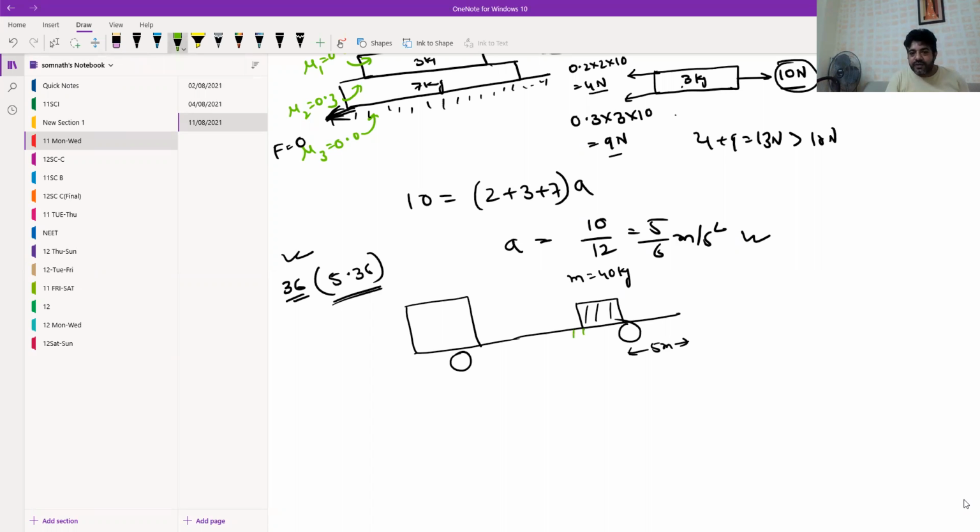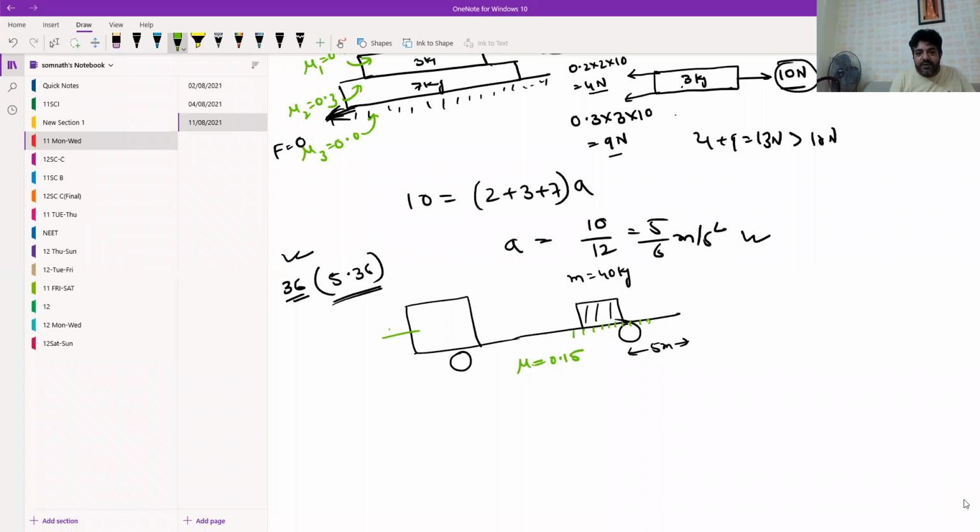So here the coefficient of friction is given, 0.15. On a straight road, the truck starts from rest and accelerates with 2 meter per second square.